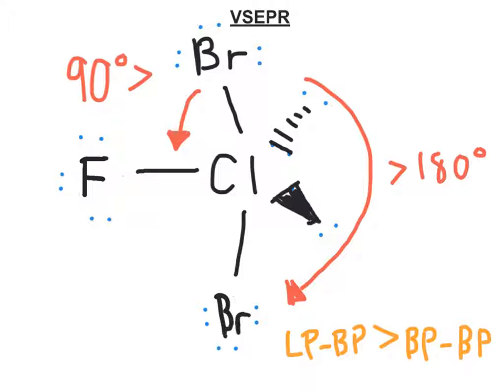Because of this, the angle is bent towards the F, and the angle from the Br to the F is less than 90 degrees, once again showing the bentness of this geometry.